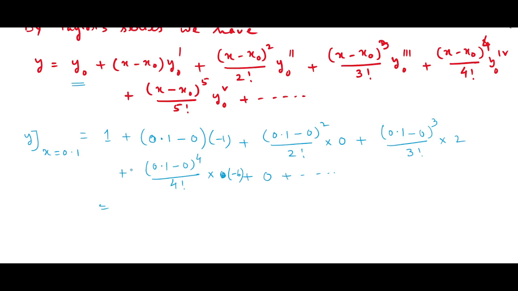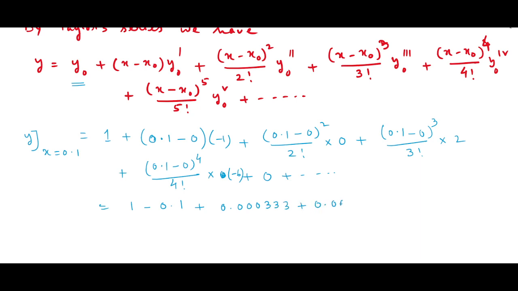It is also given that we have to take up to 5 decimal places. If we calculate it, the first term is 1, then the second term is minus 0.1, then the third term is 0, and the fourth term you will get like this: 0.000333. The calculation part you also check.